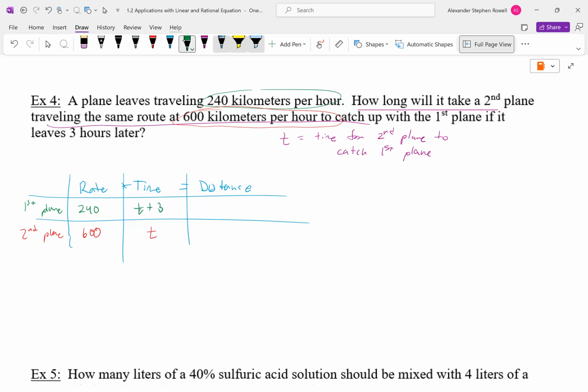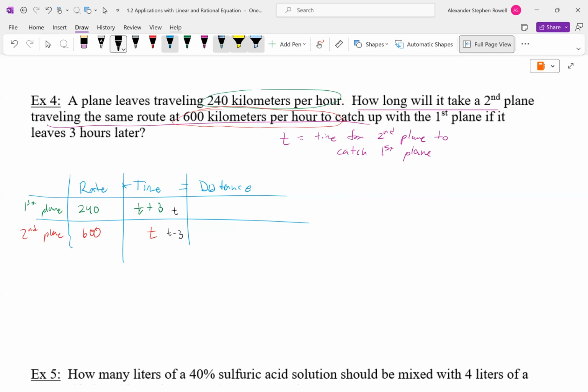Are there any questions about that? Okay, now, could I have written t here and t minus 3 down here? Yes, but then my definition of t in words would be different. So when I solve for t, I'd be solving for the time traveled by the first plane as opposed to the second.